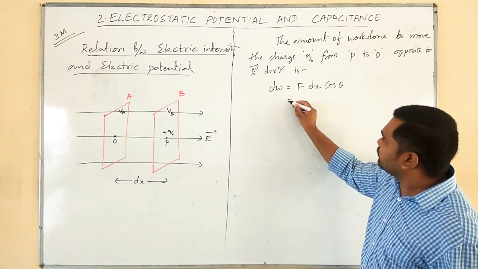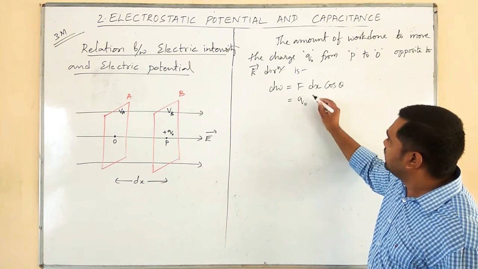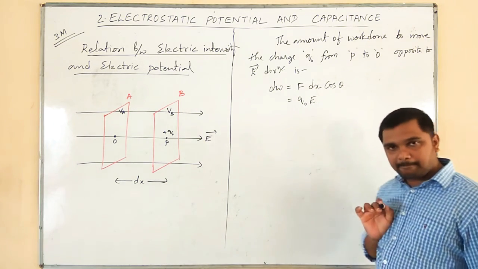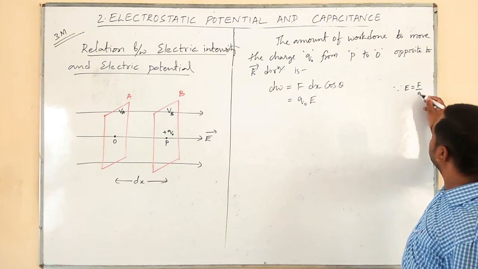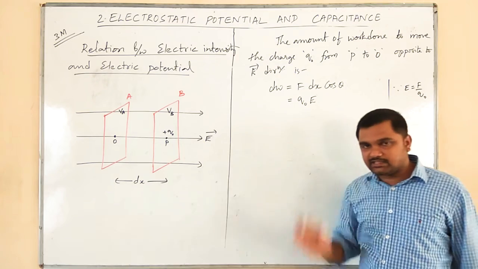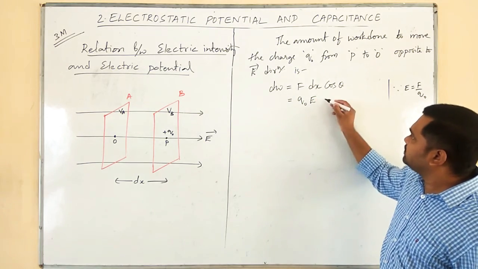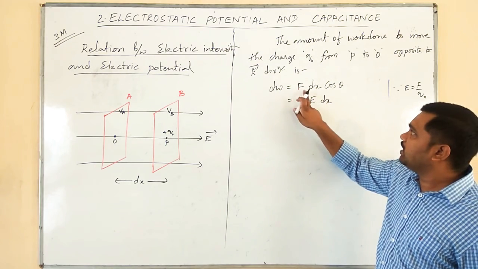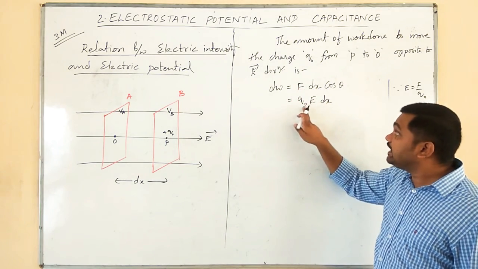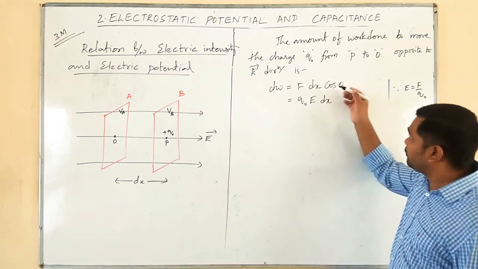In place of F, according to the definition, we can write Q naught times E, because E is equal to F divided by Q naught, that we have read in the first chapter itself. Dx means dx only. What is cos theta? What is the angle between F and dx? Otherwise E and dx, that is opposite.